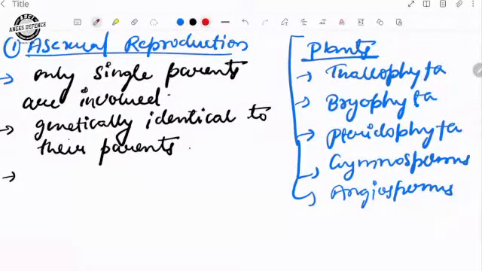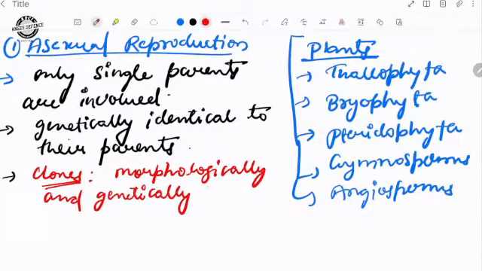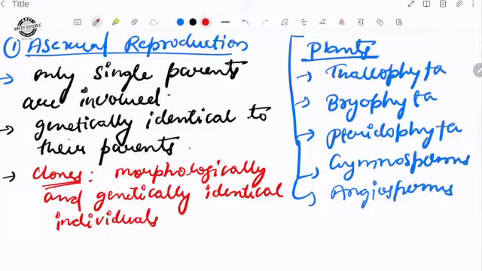A term used here that is important is clones. What are clones? Morphologically and genetically identical individuals are called clones. Morphologically and genetically means what?